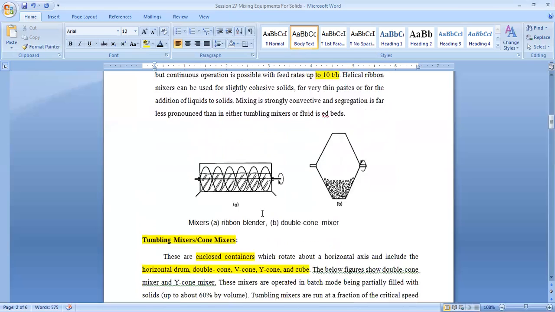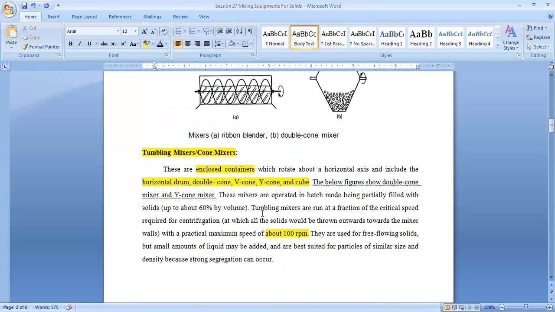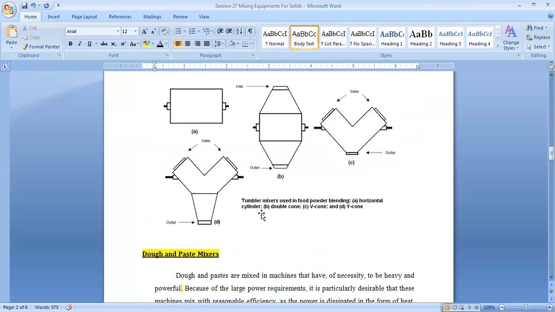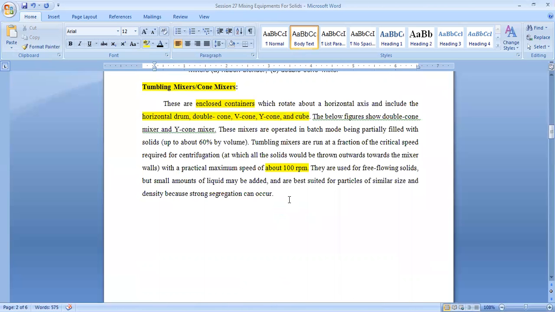And in the same series there are tumbling mixers, and these tumbling mixers are enclosed containers, and they have cones, and these cones rotate on a horizontal axis or on a vertical axis.